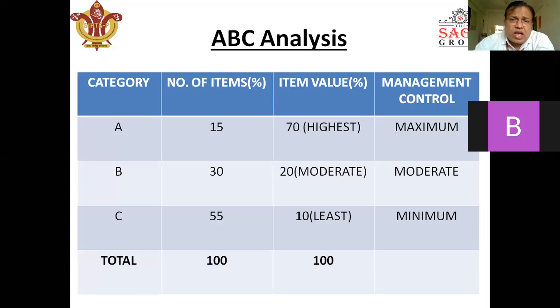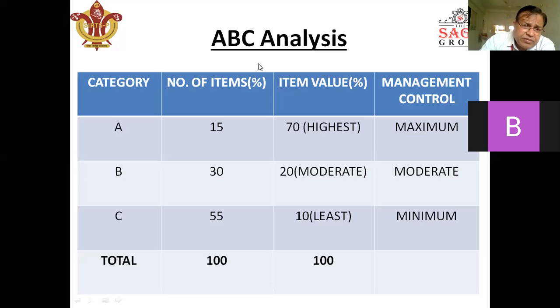Now, this is ABC analysis. You have to categorize your material in three classes: A class, B class, and C class. A class comprises only 10 to 15% of items, but from the point of view of cost, the item value is 70%. Means you are keeping 10 to 15% of items that have the maximum cost.